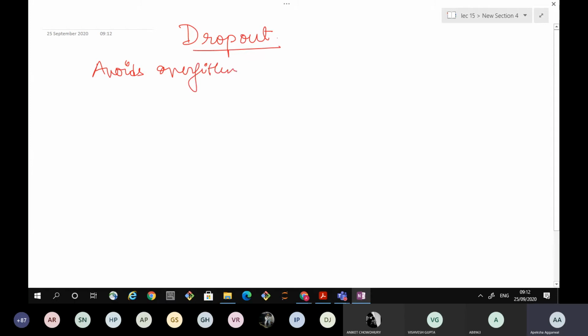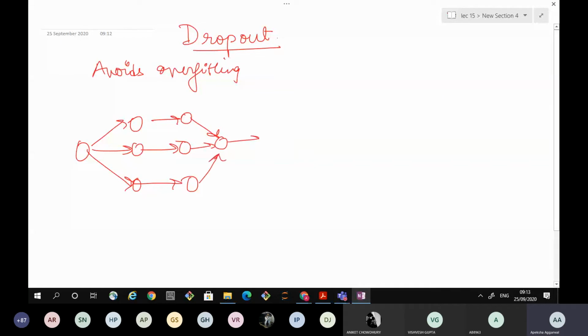Dropout, as the name suggests, suppose you have a neural network which has this kind of structure. What does dropout basically do? It removes some nodes from the whole network. Instead of learning the whole network, it basically removes some nodes.